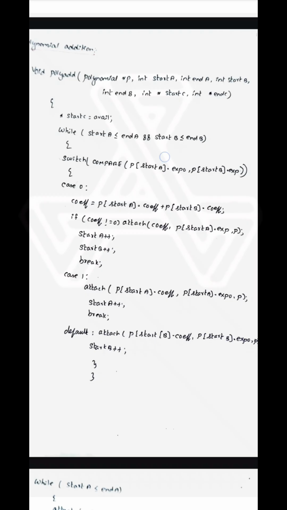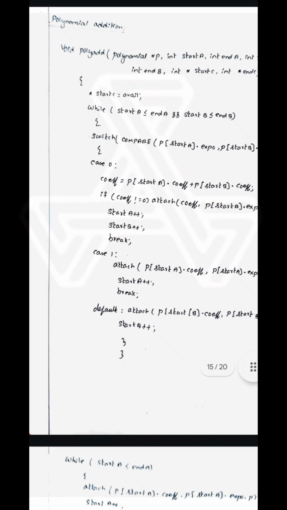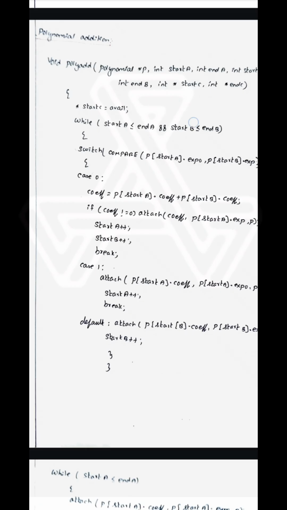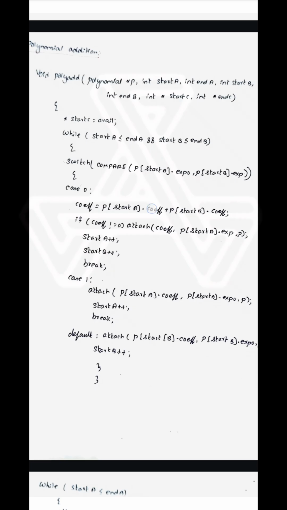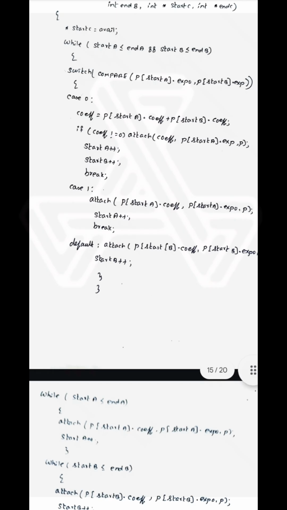While start a is less than or equal to end a and start b is less than or equal to end b, switch compare p of start a dot expo comma p of start b dot expo. Case 0: coef equals p of start a dot coef plus p of start b dot coef. If coef not equal to 0, attach coef comma p of start a dot expo of p, then start a plus plus, start b plus plus, break.